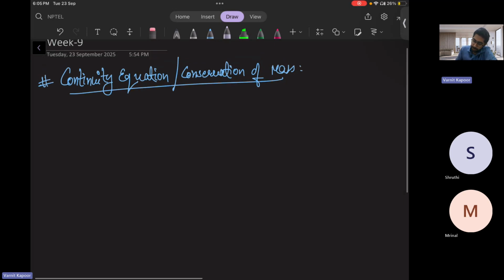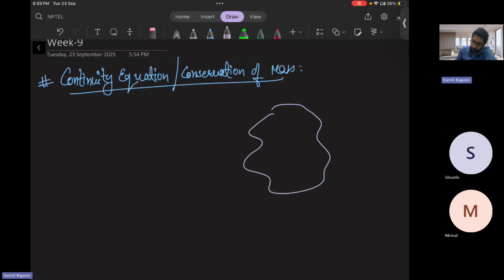Okay, suppose I have a system like this. This is a closed system. So if some mass enters into the system, the mass flow rate in is equal to whatever mass has gone out, the mass flow rate out, plus the mass flow rate that is stored.